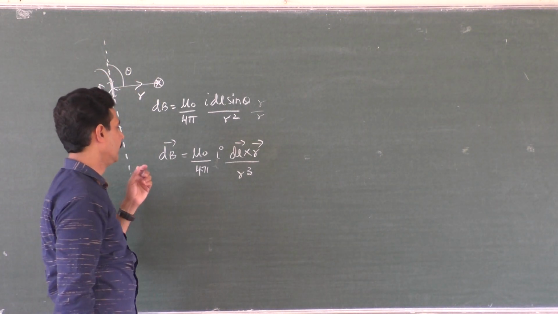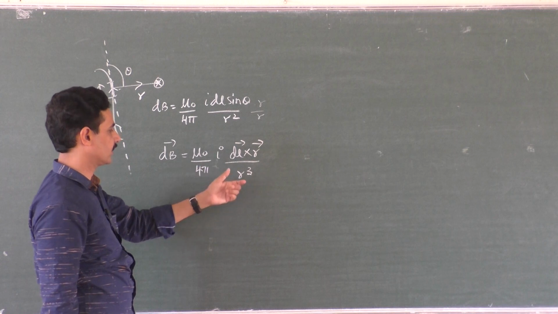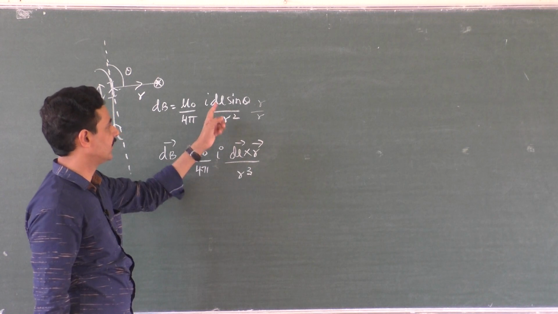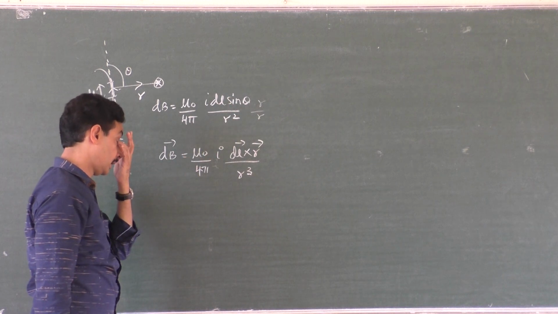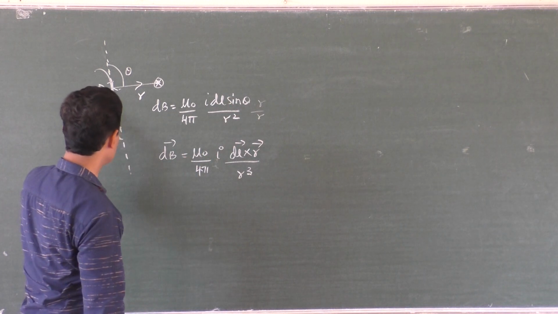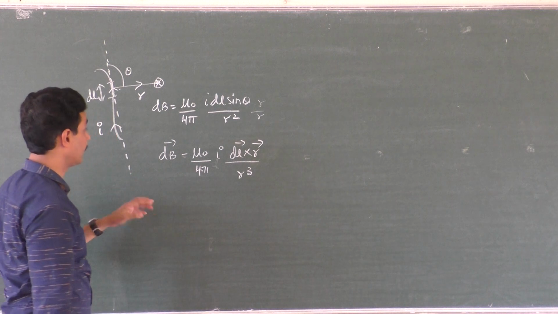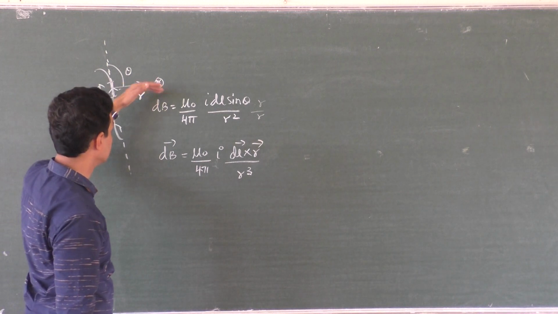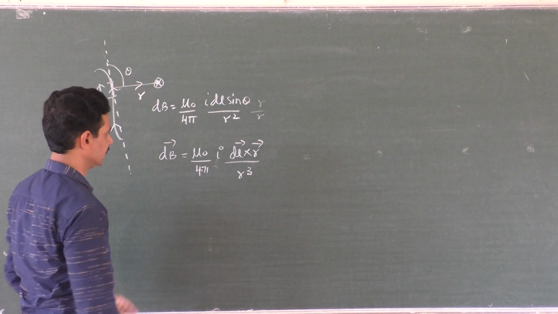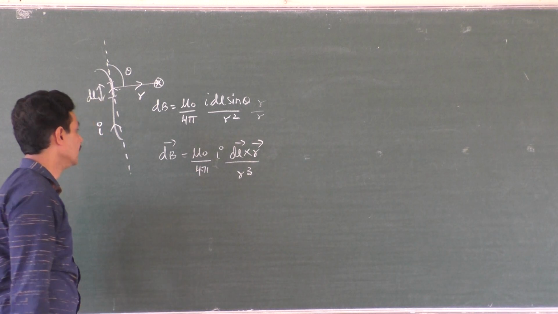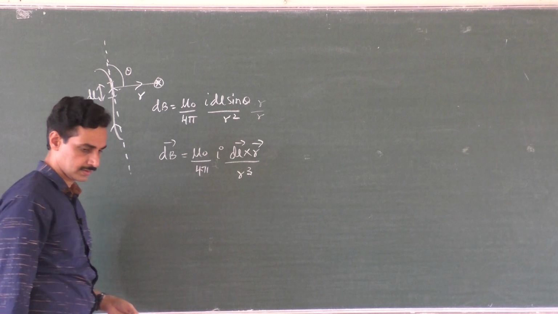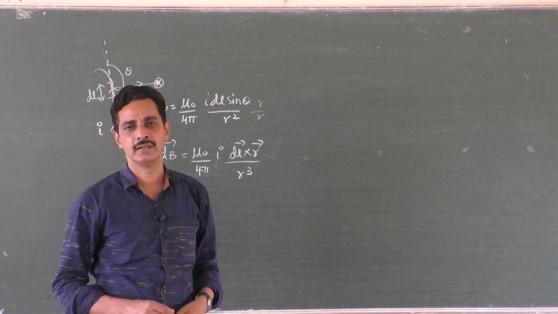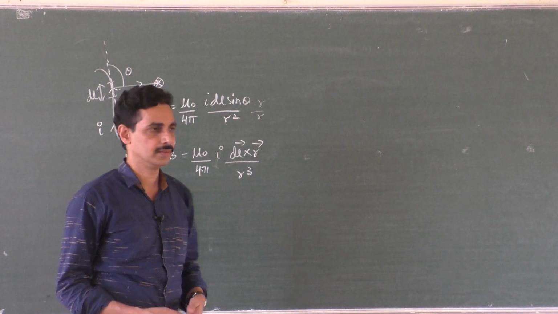So mu naught by 4 pi, I dl cross r divided by r cubed. That is a b sin theta, dl r sin theta. Or you can write r cap also. That is the magnetic field due to a current element, a part of the conductor, at a point P, say.